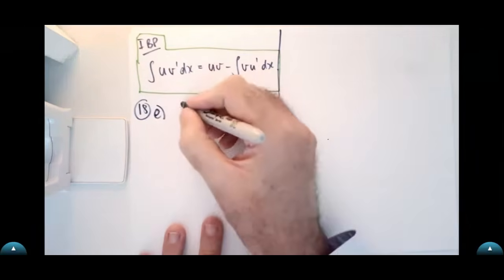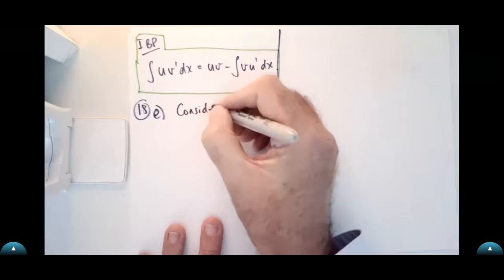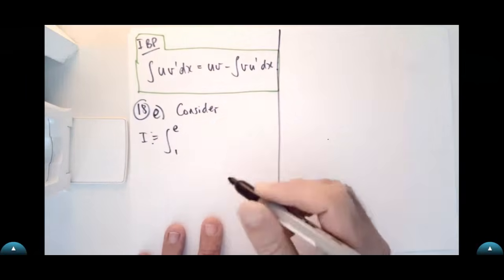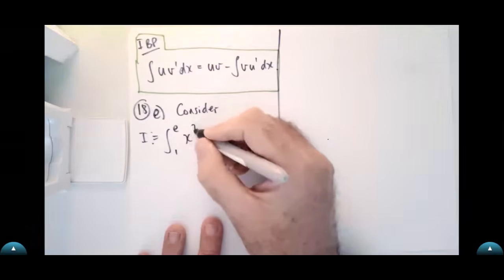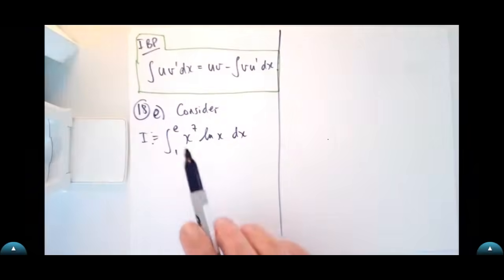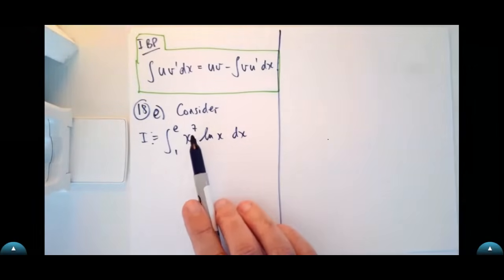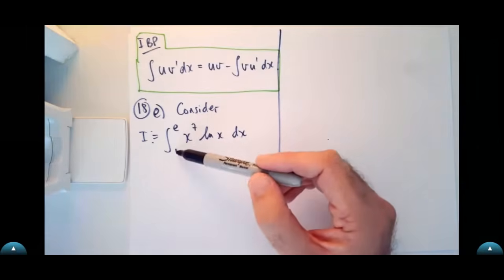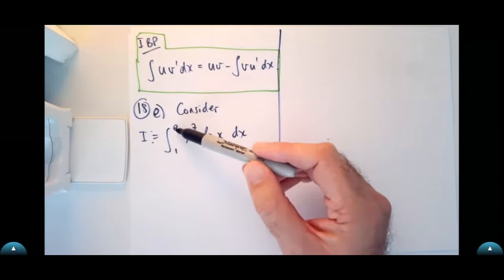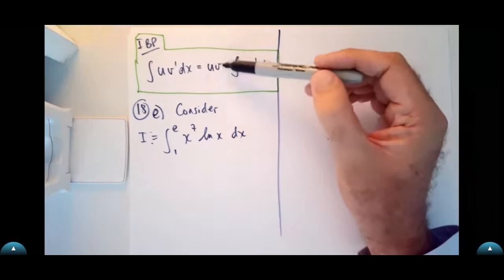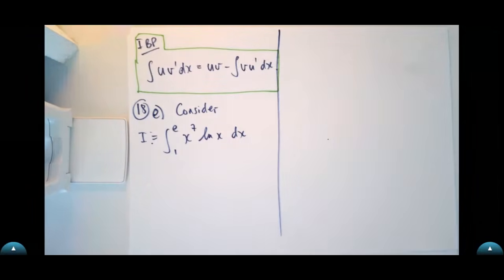So here, consider please, we have x to the power 7 times the natural logarithm of x. And in this case, you're integrating from 1 to the number e. So you could put those in there, and you'd have a little bracket here where you evaluate these things.